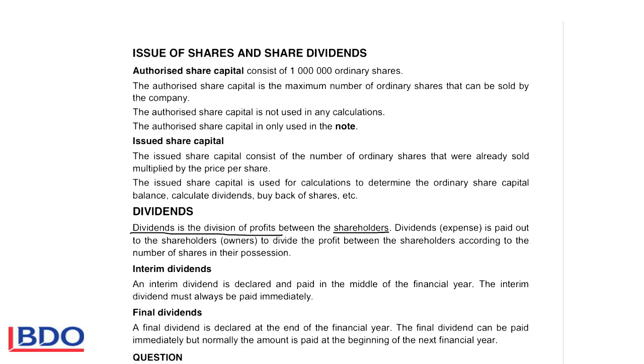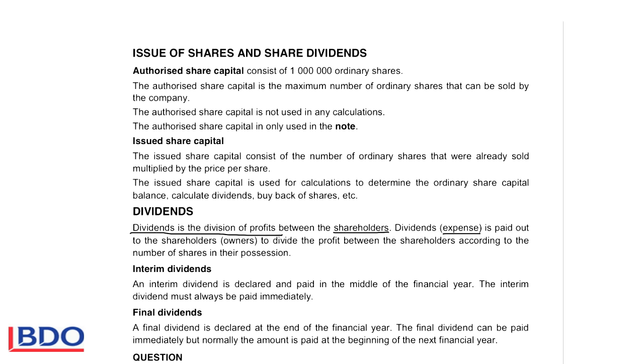Therefore, this means that a dividend is an expense because it's paid out to the shareholders, the owners, to divide the profit according to the number of shares they have. This dividends will reduce the profits of the business because it is paid out of the profits.